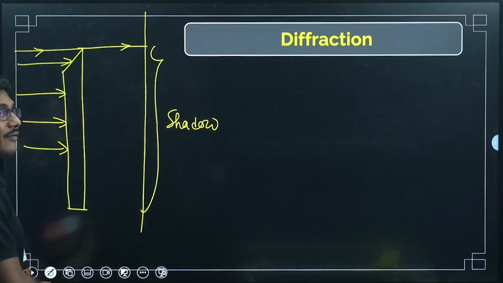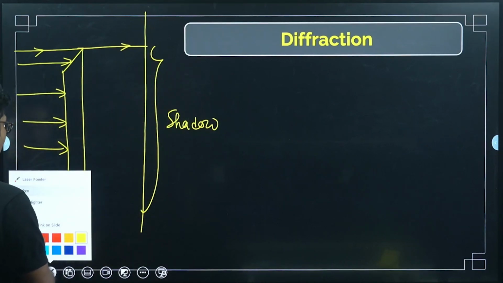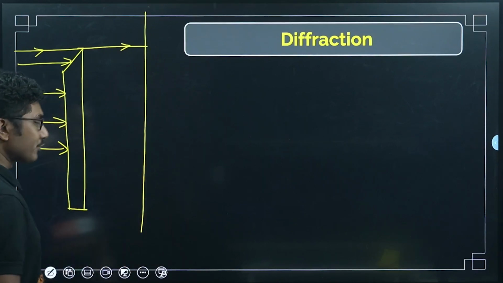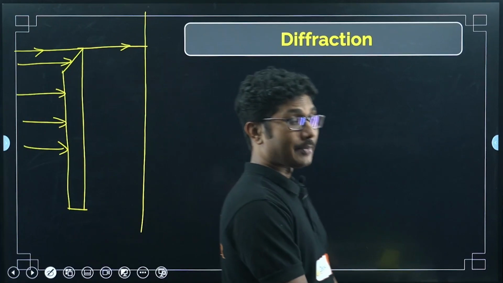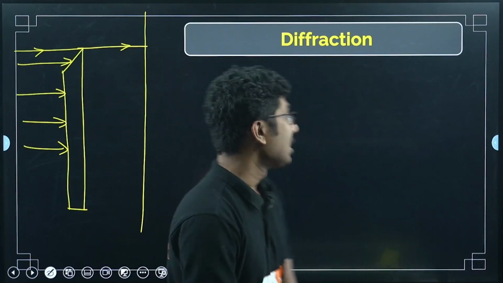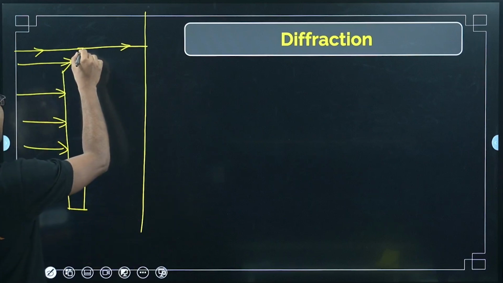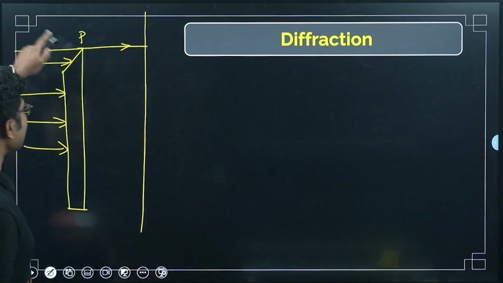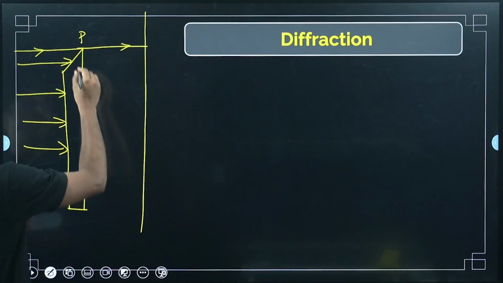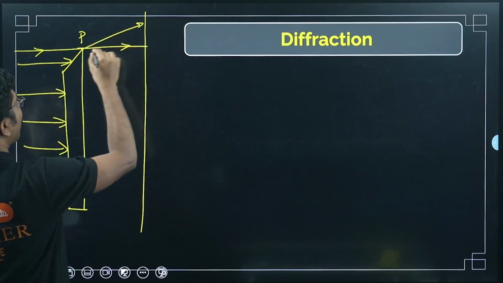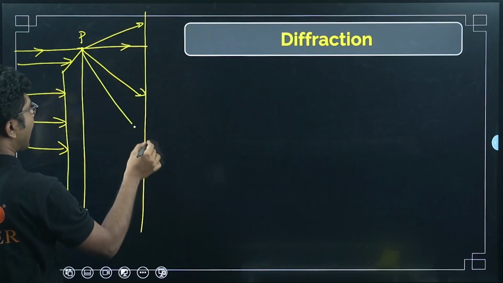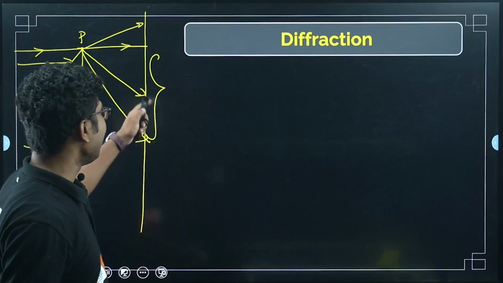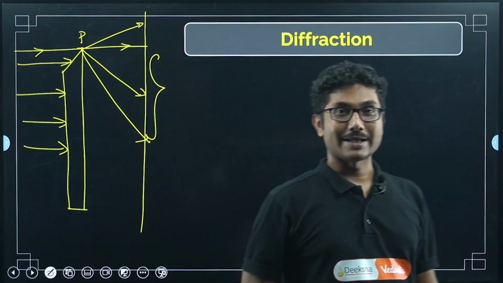And what does Huygens principle say? Huygens principle says that every point on the primary wave front is a source of secondary wavelets. So if you consider this point as the source of secondary wavelets, then light should travel in all possible directions, and you should obtain a bright band in the darkness of the shadow itself, right.